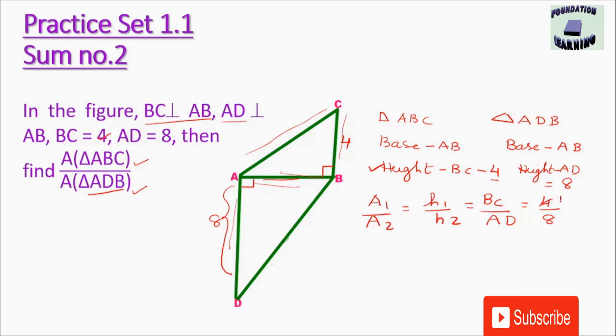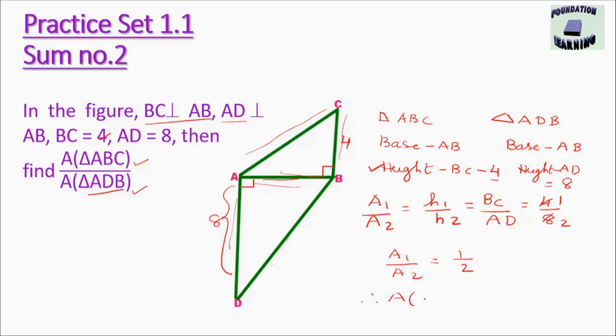So 4 ones are 4 and 4 twos are 8. Therefore A1 upon A2 will be 1 upon 2. Therefore area of triangle ABC upon area of triangle ADB is equal to 1 upon 2.